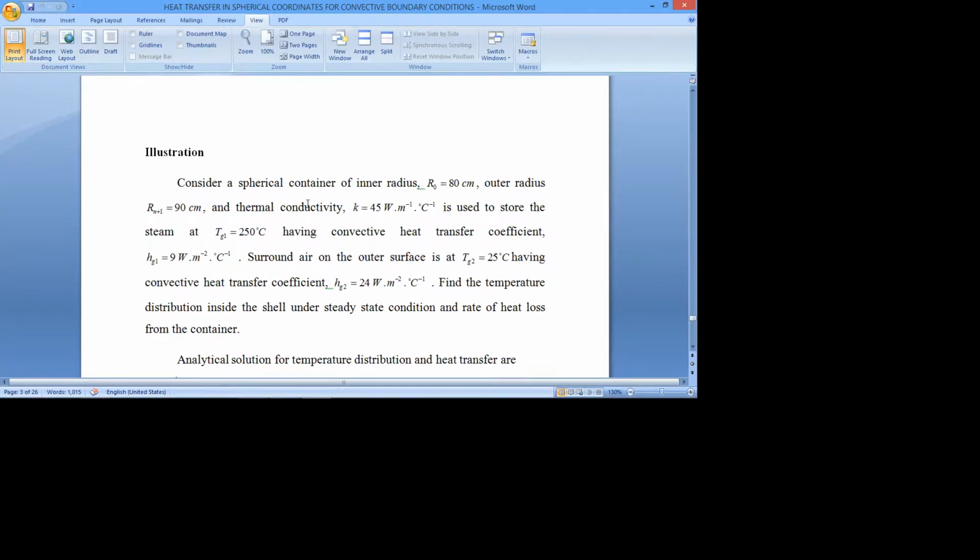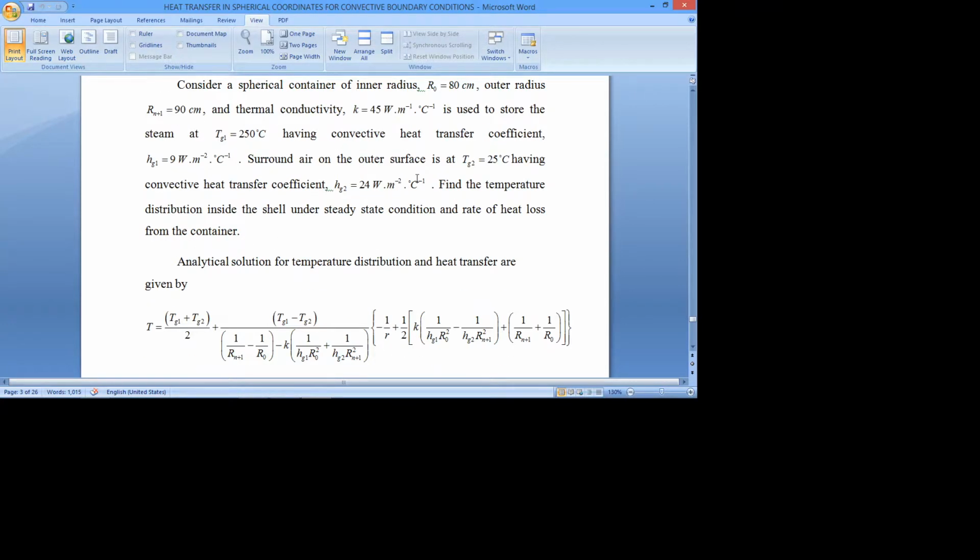By solving that, so this was the problem statement. Here you have a spherical container, inside radius is 80, outside radius is 90 centimeter, thermal conductivity 45 watt per meter per degree Celsius, steam temperature 250, convective heat transfer coefficient is 9 watt per meter square per degree Celsius, surrounding air Tg2 is 25 degrees Celsius, having convective heat transfer coefficient 24 watt per meter square per degree Celsius.